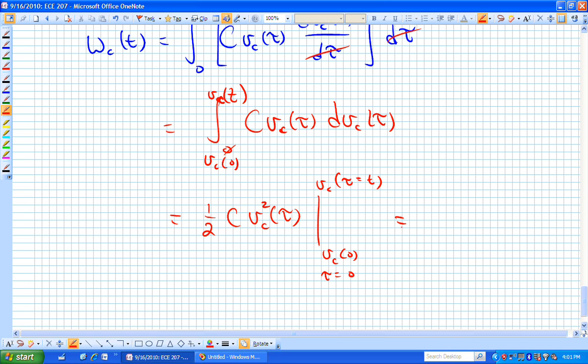If we assume there was no charge initially on that capacitor at time 0, whatever we define time 0 to be, then we could see that the energy stored in that capacitor after t units of time from time 0 would just be 1/2 C V sub C squared. I'm assuming that V sub C of 0 was 0.